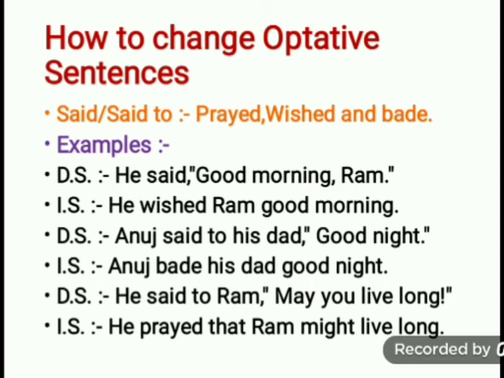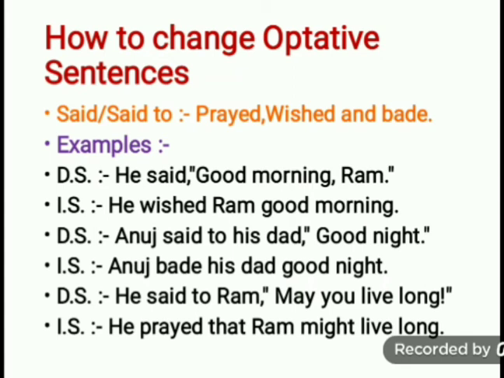Then direct speech. He said to Ram, may you live long. In indirect speech, he then prayed, as it is a praying sentence, so prayed. Then that.